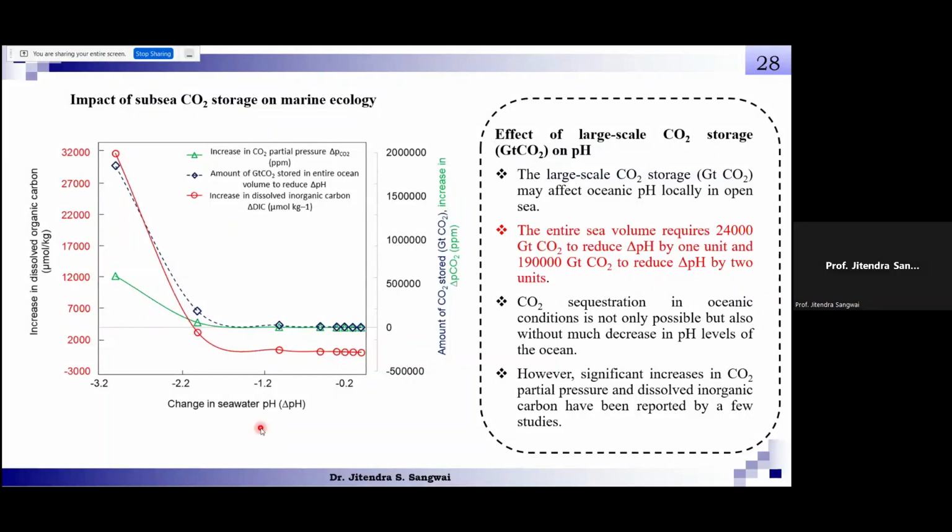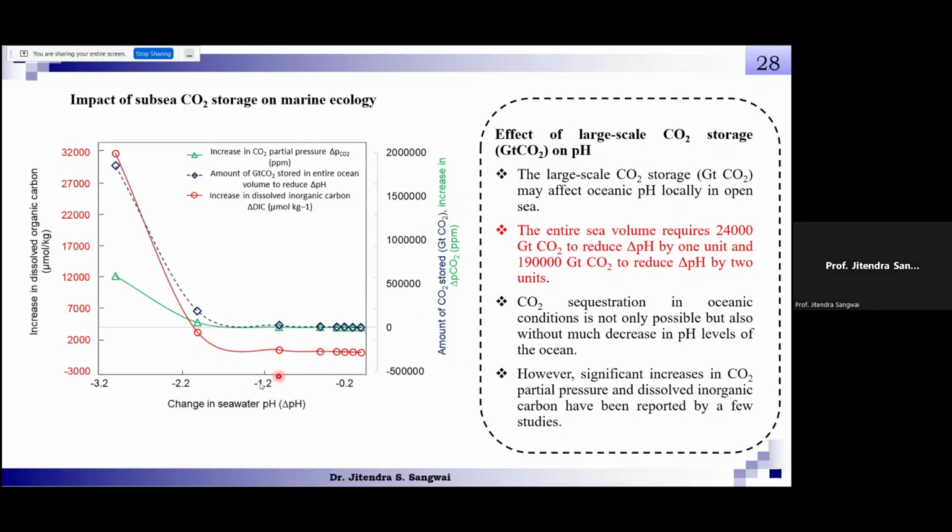It is said that you are talking about capturing only about 1200 gigatons of CO2 in the next 30 to 40 years. However, the entire sea volume may require 240,000 gigatons of carbon dioxide to reduce pH by 1 unit.